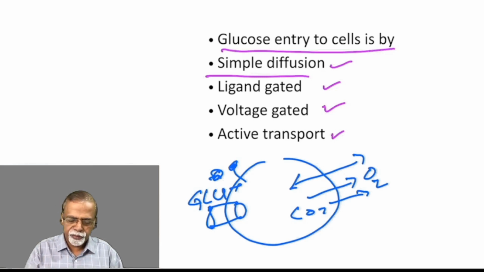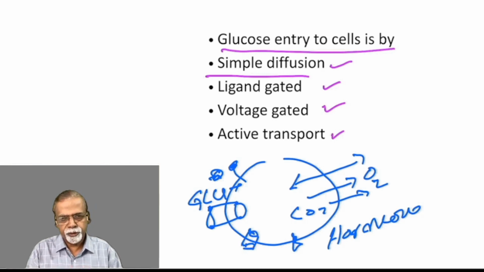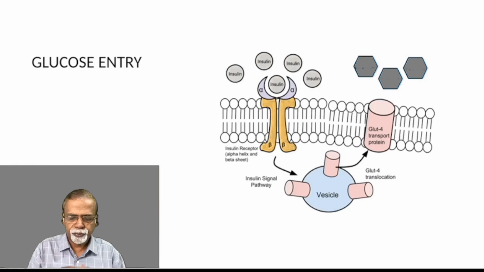So how is it facilitated? It is facilitated by the hormone insulin. The insulin attaches to the membrane and then only the channels become open or come to the surface. So entry of glucose into living cells for their metabolism is via ligand gated or insulin mediated facilitated transport.